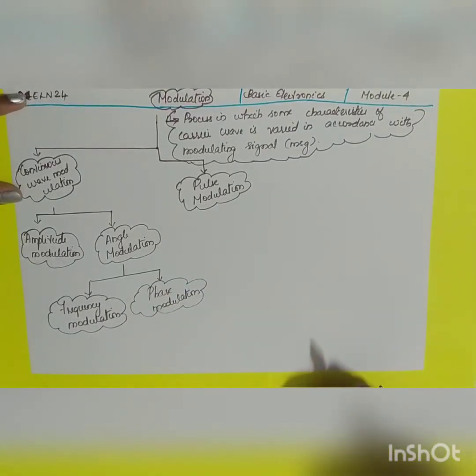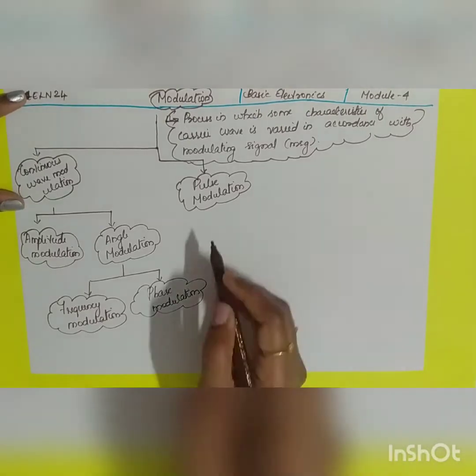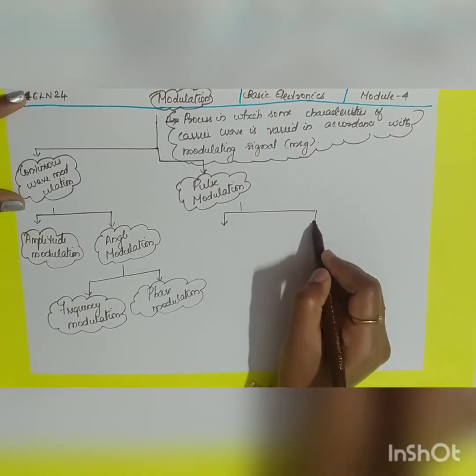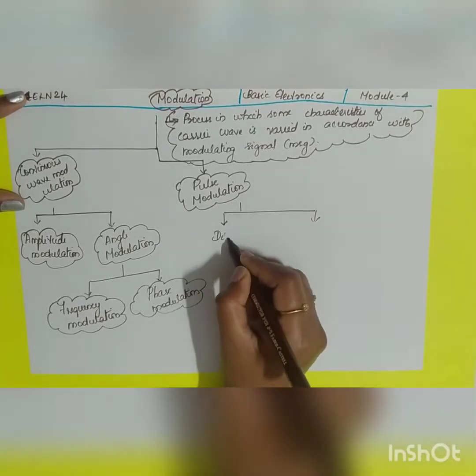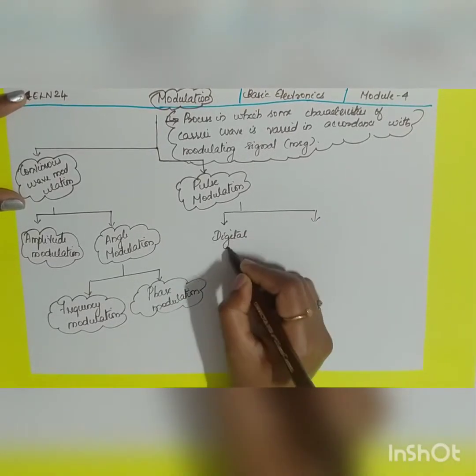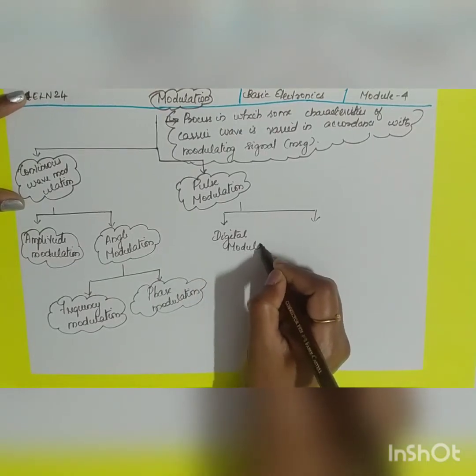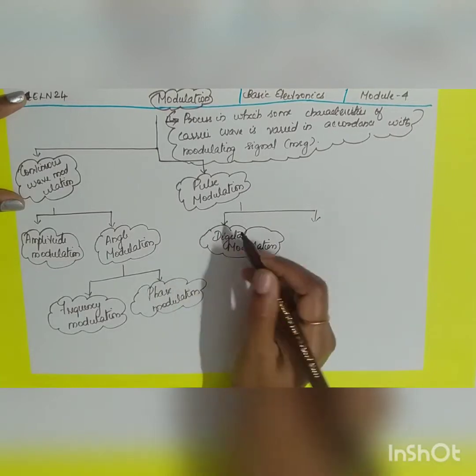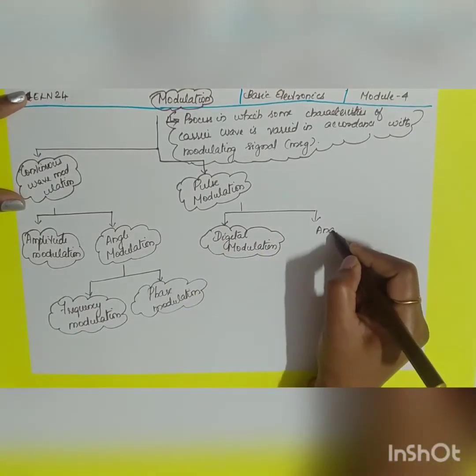Okay. Now moving on to your pulse modulation. It can be mainly classified into two types. One is called as digital modulation and the second one is called as analog modulation. Okay.